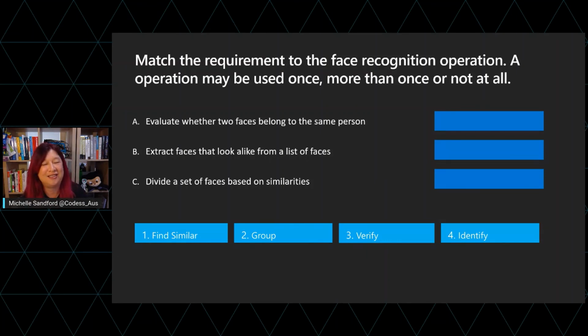That technology is really good, and it can tell the difference between identical twins, even though blood DNA technology could not tell the difference. Facial recognition can tell the difference, and it uses verify for that. So it is verifying whether it is the same person.